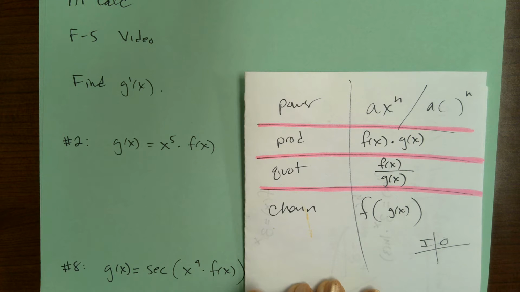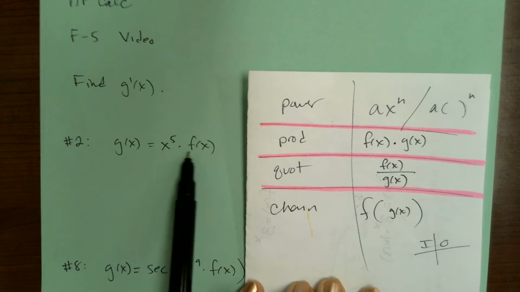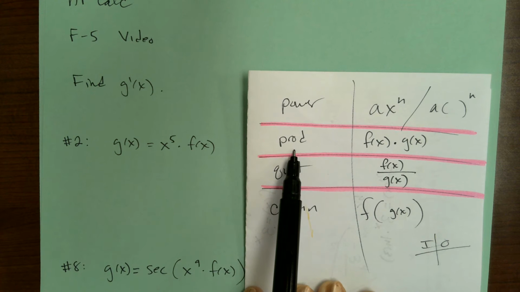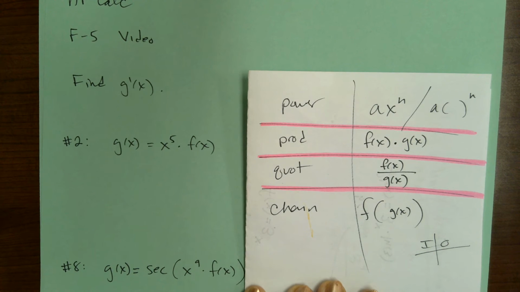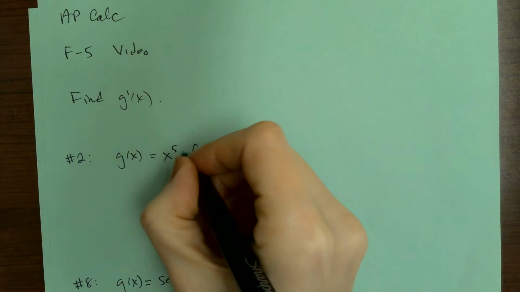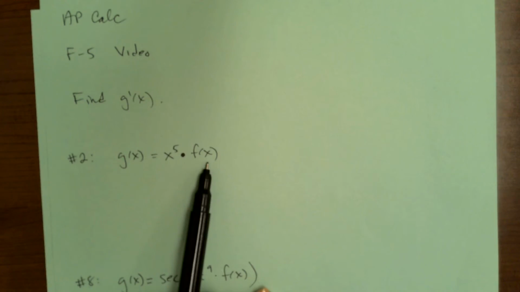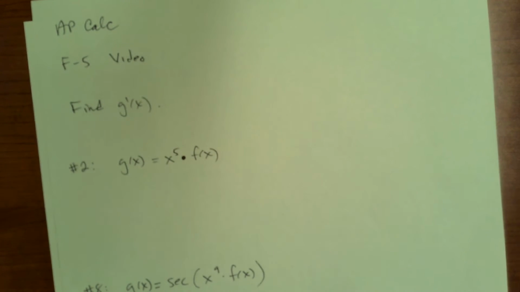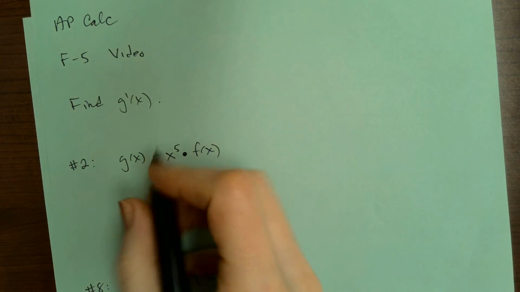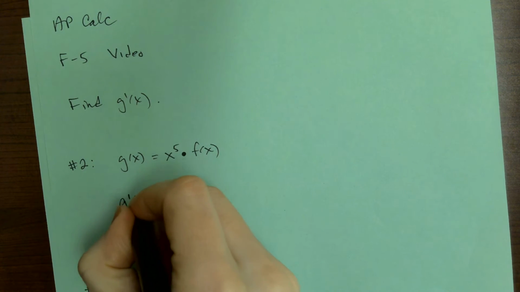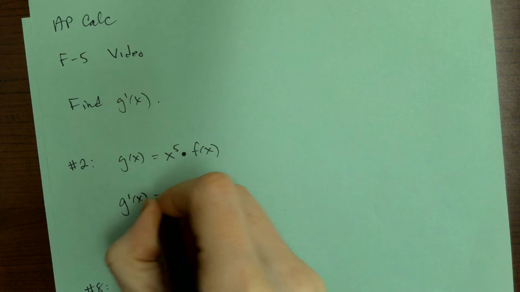So, guys, this function itself is a product of 2 other functions. So, I'm going to use product rule. So the 2 functions are x to the 5th and f of x. So I'm not going to use brackets. You could set up brackets if you want, but I'm just going to jump right to it because I think most of you are comfortable just jumping right to it.